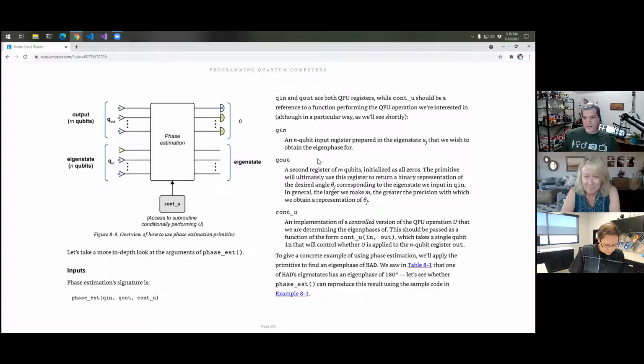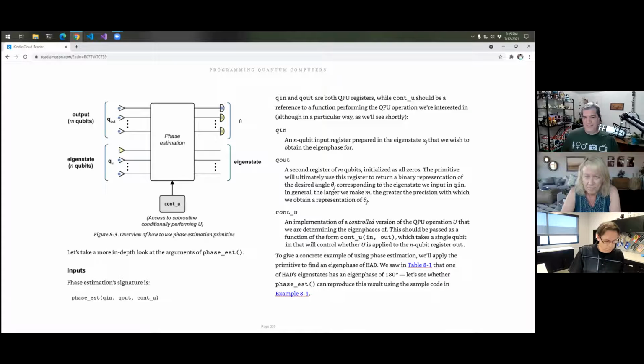So then it talks a little bit about how this phase estimation is calculated, and it is estimation, like a lot of things in the QPU world. And we'll actually see how much of an estimation it is in the second example they have. In the first one, it's a little more definite.